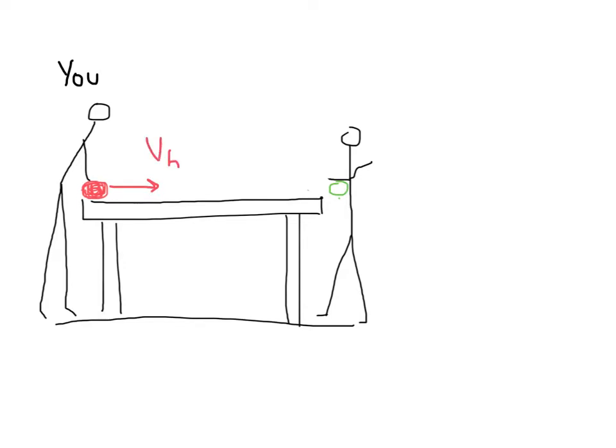Now a friend of yours is standing over on the side, and they've got this green ball. Their plan is to drop this ball as soon as yours gets to the edge of the table. So yours is going to go along, and as soon as it gets here, your friend, in case you're not sure, we'll just label this here. That's your friend. So what they're going to do is drop it.